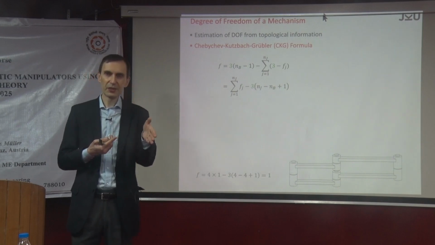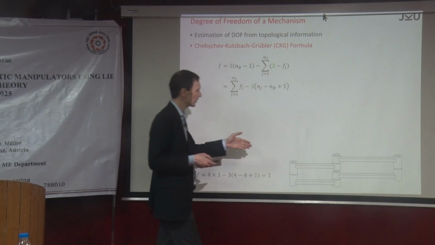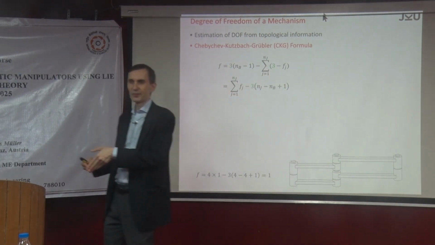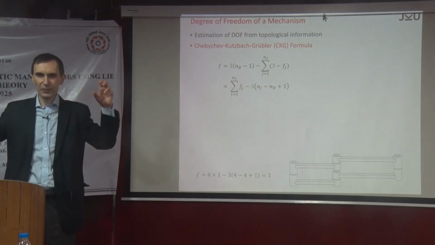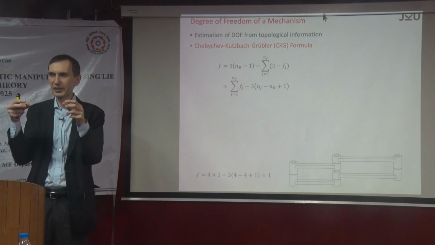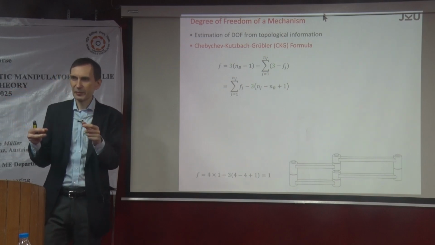So now a joint with nj degrees of freedom, like the revolute joint, how many constraints does it impose? Let's say you have two bodies connected by a revolute joint. How many constraints are imposed by the joint? The other question is, what can the bodies not do anymore because of the joint?